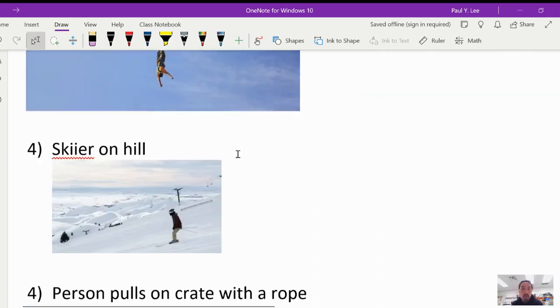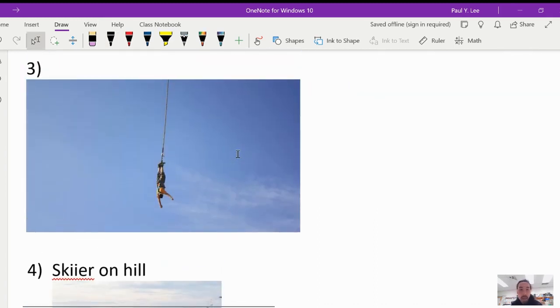Okay, so another one. Here we have, let's say, a bungee jumper. Let's write this, bungee jumper. I'm going to have different scenarios just to show you the different kinds of forces that can be applied.